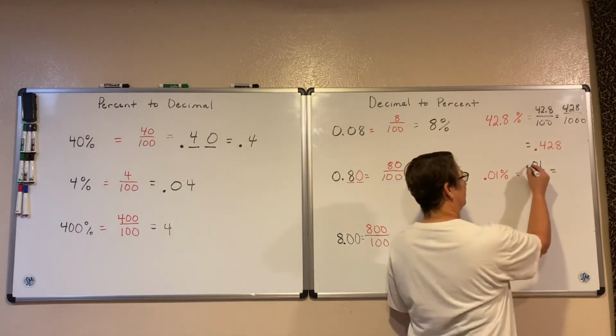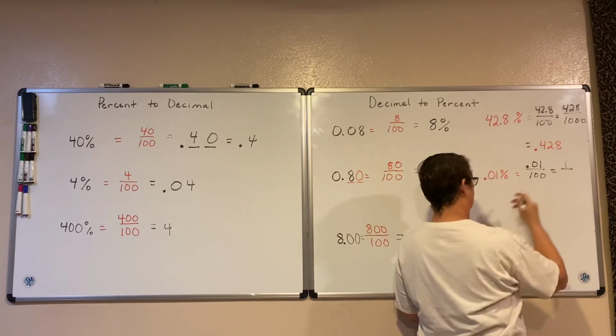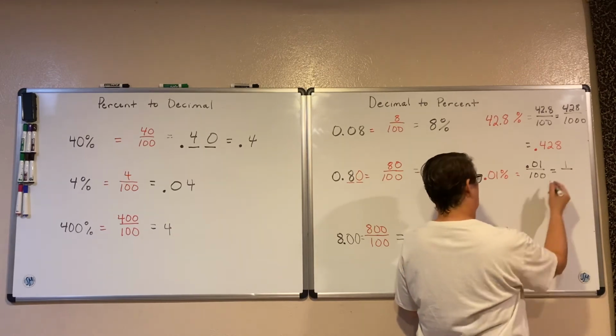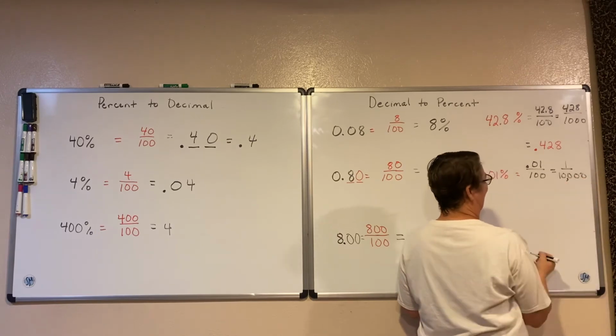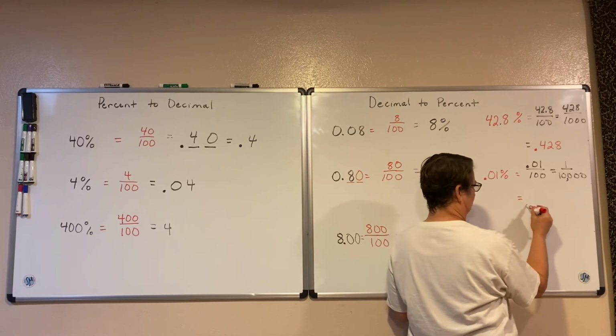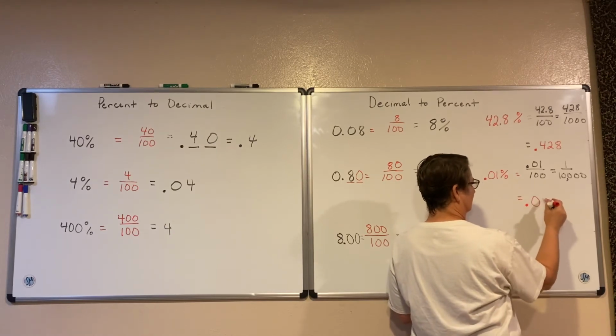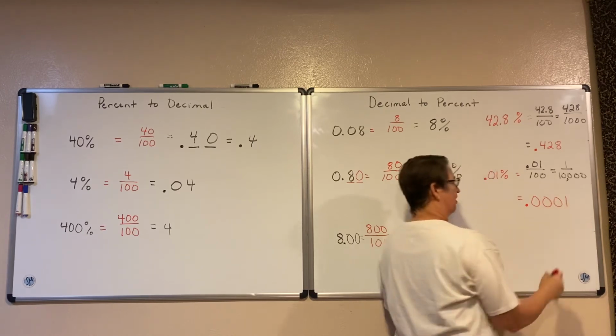If I multiply this by 100, I end up with 1. And if I multiply the bottom by 100, I end up with 10,000. So this is going to be in the 10,000ths place. So there's tenths, hundredths, thousandths, 10,000ths place.